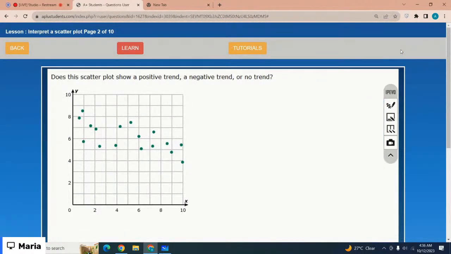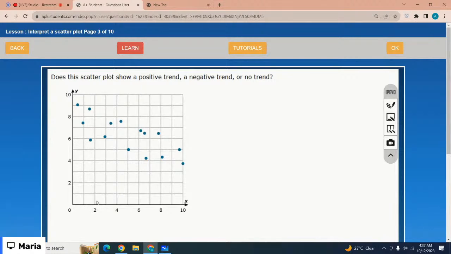Okay. The next one is, does this scatter plot show a positive trend, a negative trend, or no trend? Which is the correct option? Just see the relationship between the x and y variable, right?